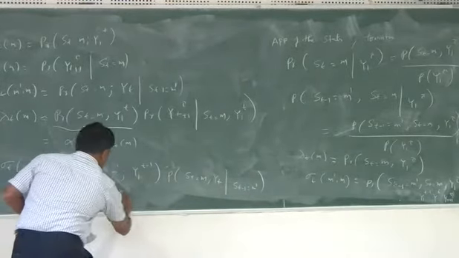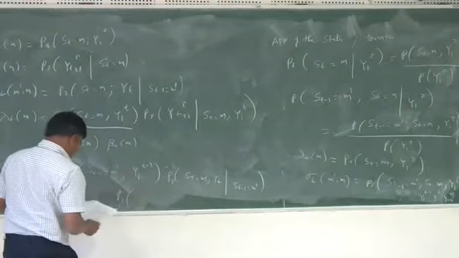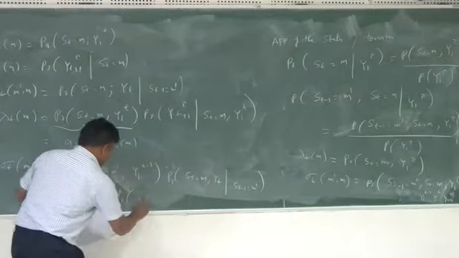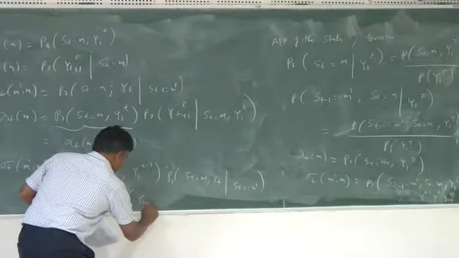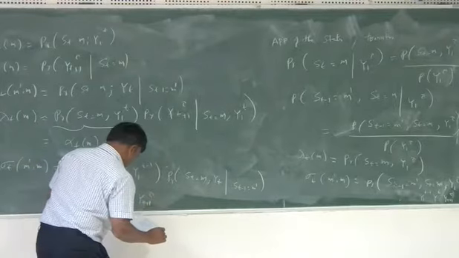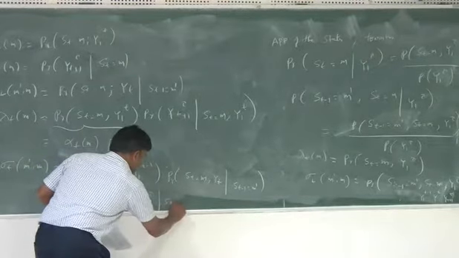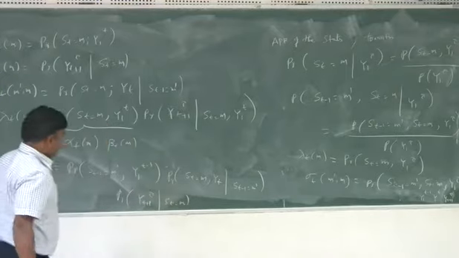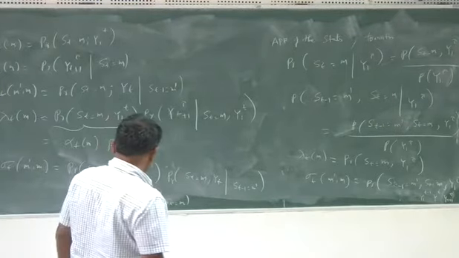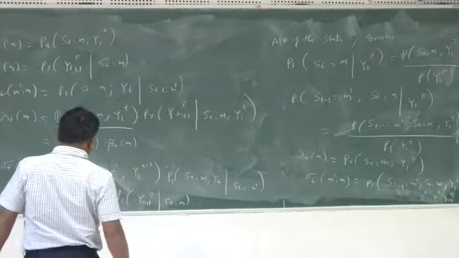And then there is the third part, probability of y t plus 1 till tau, given st equal to m. Just have to write this Bayes rule several times.